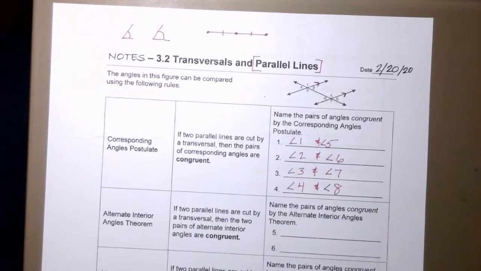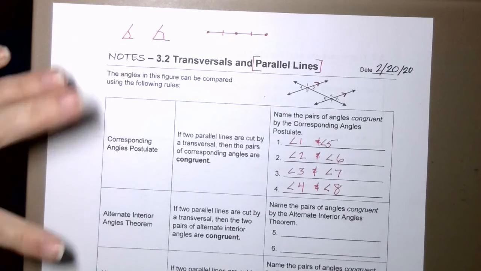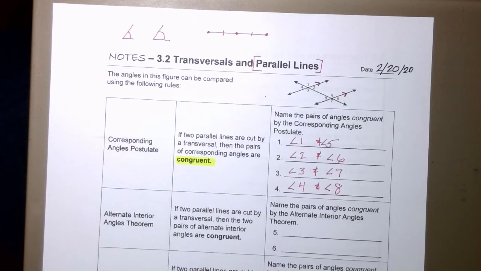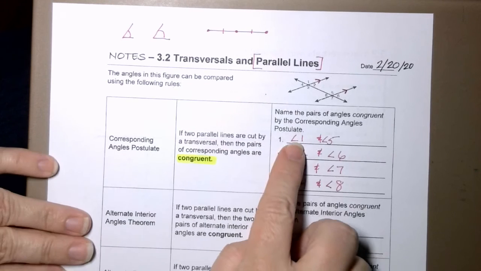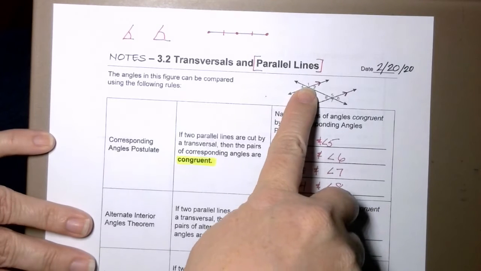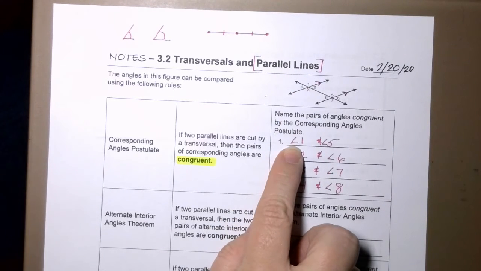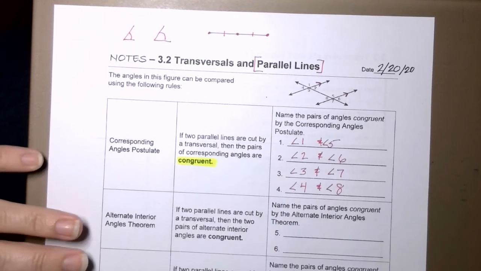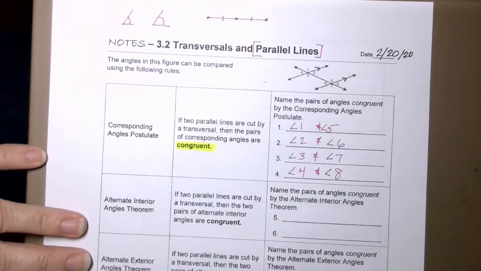When those two lines, however, are parallel, guess what? All of your corresponding angles are congruent. So if I know that angle 1 is 30 degrees, well, let me do that better because that's obtuse. If I know that angle 1 is 150 degrees, guess what angle 5 is? 150 degrees. Okay? So that helps us solve some things there.